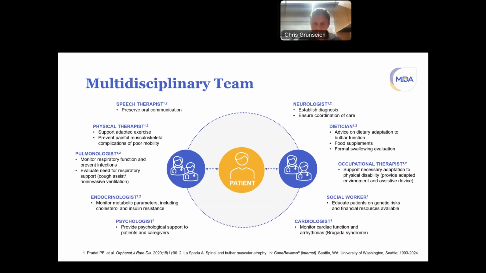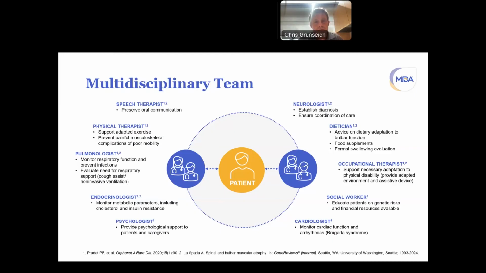The speech therapist plays a really important role in identifying any deficits in communication and dysarthria that could be improved. There are different prostheses that can be placed into the mouth to improve articulation, and that can be done together with a speech therapist. Also, the speech therapist, together with the physical therapist, can prescribe exercises targeting those regions of the body that are most impacted in the disease.